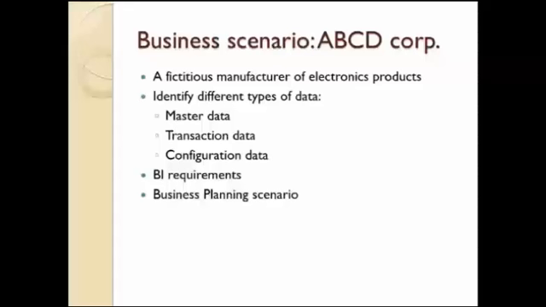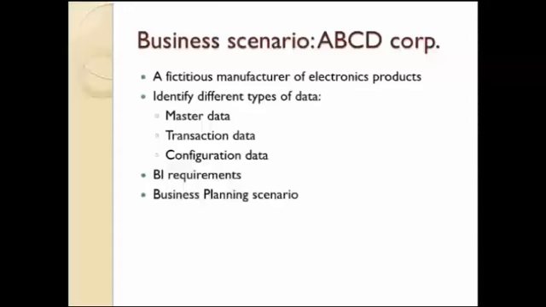And configuration data is also important in an ERP system, that you probably remember from 647. See if you can identify configuration data as well from the case description. And we'll talk more about different types of data in future chapters.